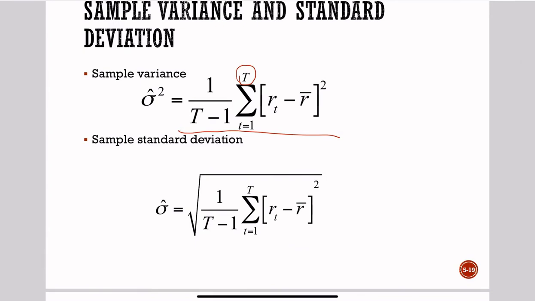It's quite easy to calculate the sample variance. You look for the squared deviation from the average return, add up these squared deviations, and then divide by the number of periods minus 1.